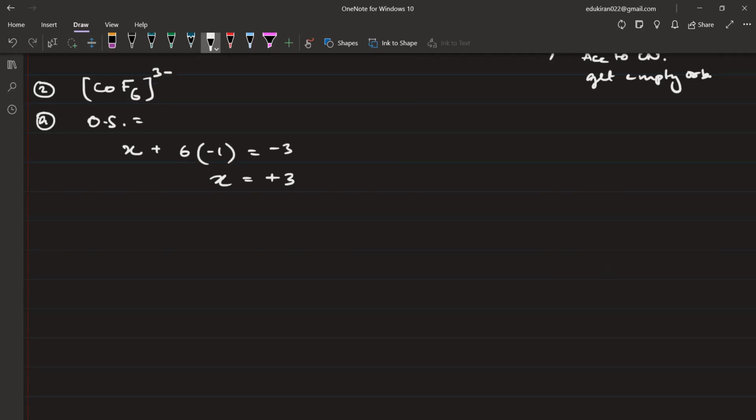Okay. Now B part is electronic configuration. So we have just done cobalt 3 plus. Tell me what is the electronic configuration of cobalt 3 plus? Tell me guys. Electronic configuration, Co3 plus.